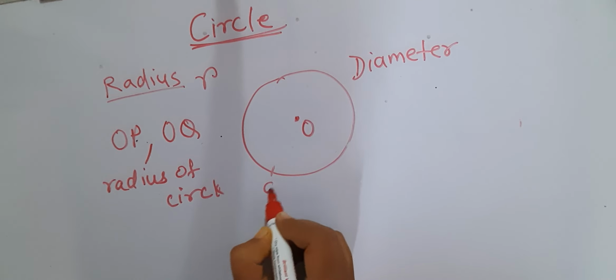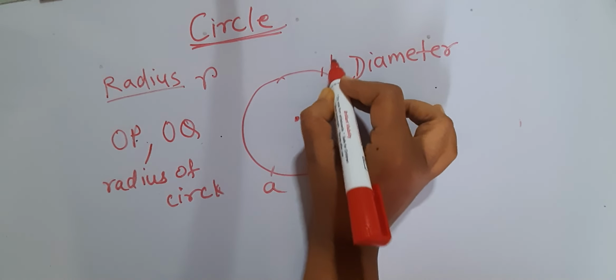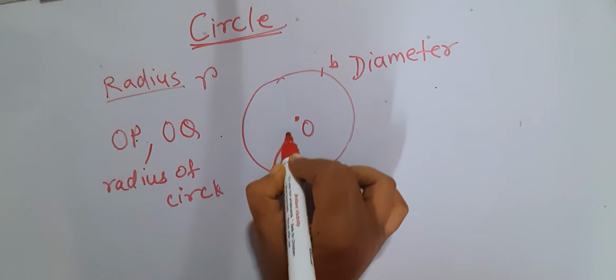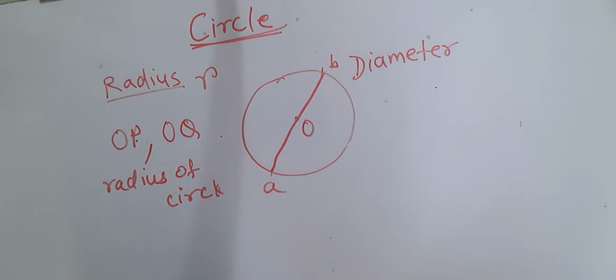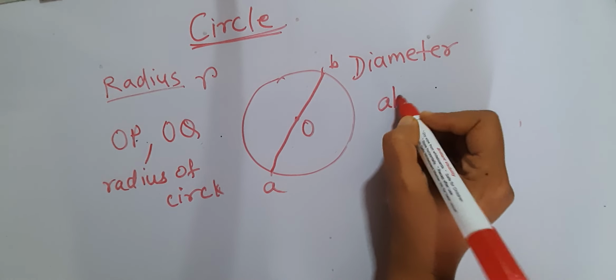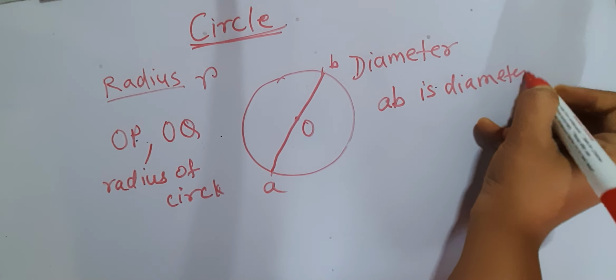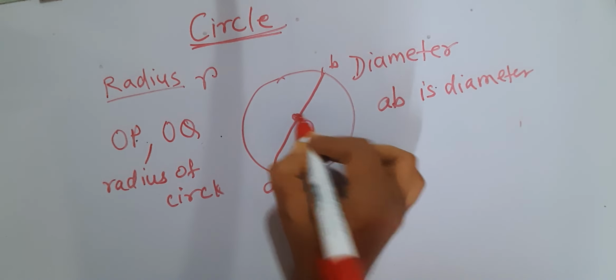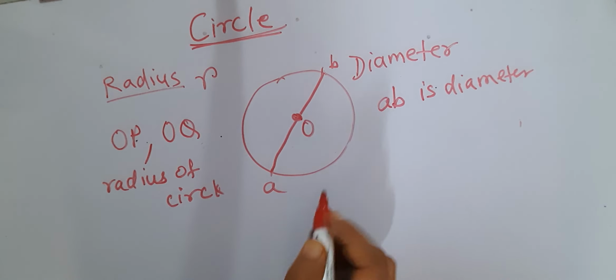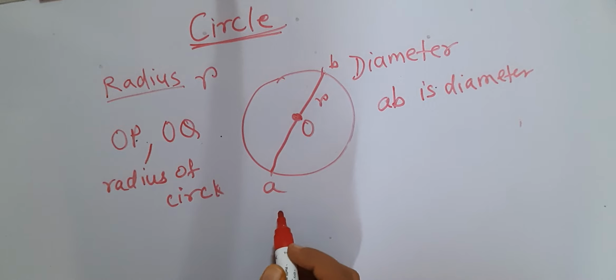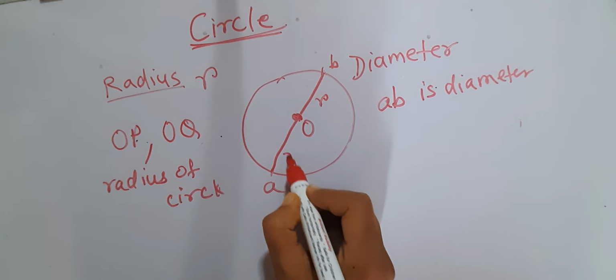So this is A, this is B. Diameter always passes through the center of circle and end points lie on the circle. So AB is the diameter of this circle. OB, from center of circle to a point on the circle, is radius of circle. Again OA is the radius of circle.